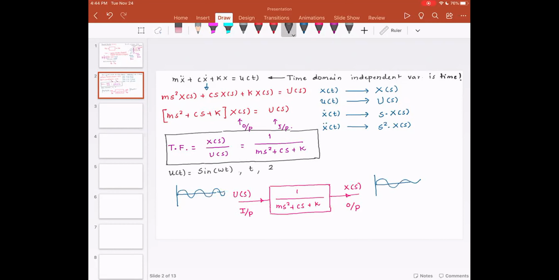But now my question is, there is a particular value of s which is given by minus c plus minus square root of c square minus 4mk divided by 2m, at which the transfer function becomes singular. And please note, there are two values because there is a positive sign and there is a negative sign. If for some reason m is equal to 1, this equation becomes minus c plus minus square root of c square minus 4k divided by 2.